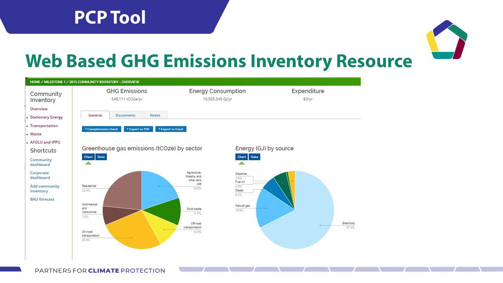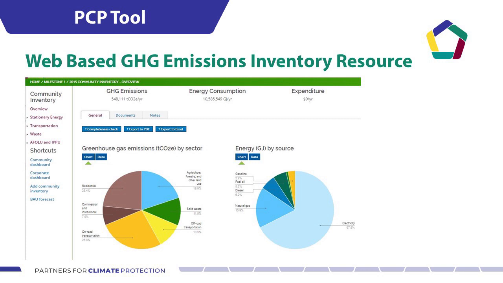I just wanted to highlight the PCP tool as a way to help you in your inventory building. This is just a screen grab of what it looks like, but basically it's a web-based inventory tool. It's there to support our members in measuring and managing their emissions.